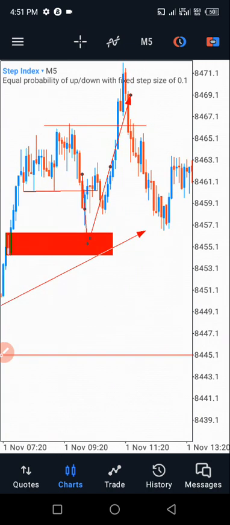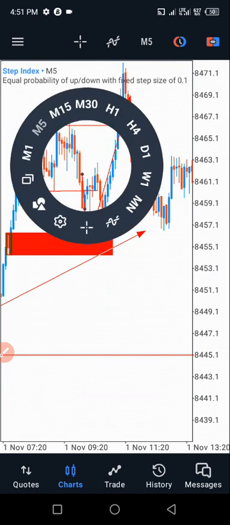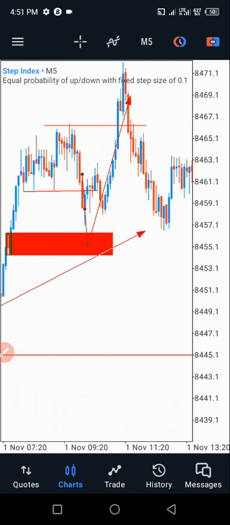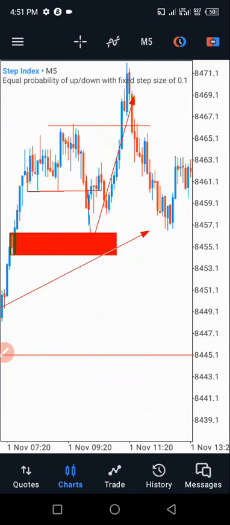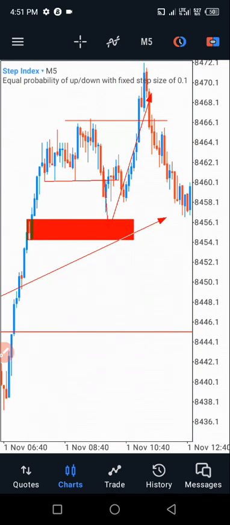Now I'm going to show you the mistake I did and how you should avoid it. All right, so after market failing to come into this order block here, I waited for the market to take out this high here.